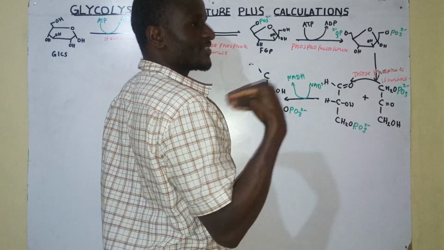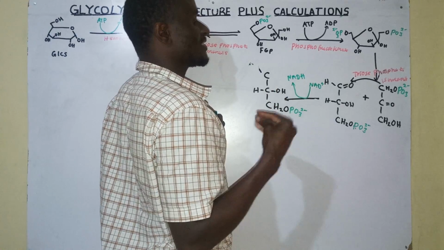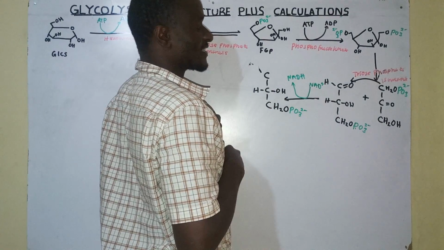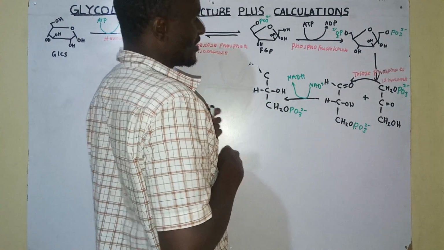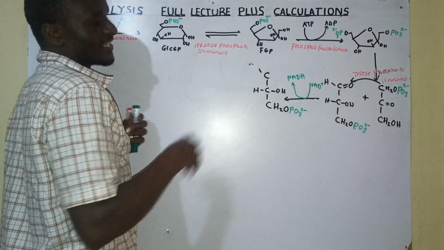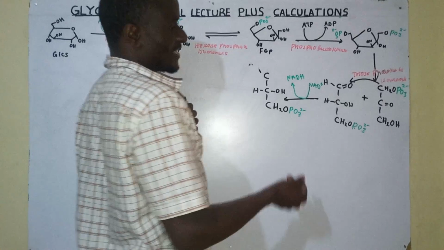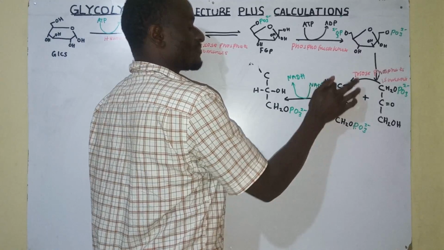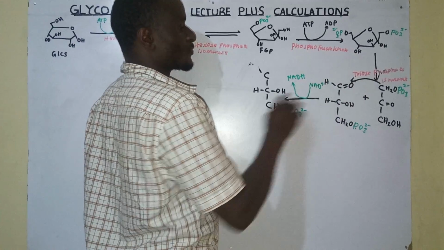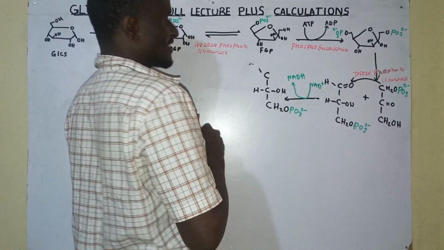So the role of a dehydrogenase enzyme is to carry out redox reactions, that is reduction oxidation reactions. So in this case, glyceraldehyde 3-phosphate dehydrogenase transfers a hydrogen atom from glyceraldehyde 3-phosphate onto NAD plus to form NADH.